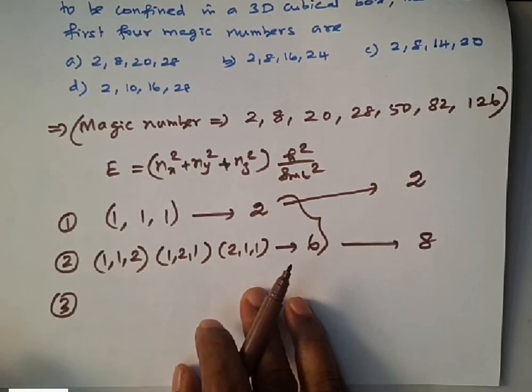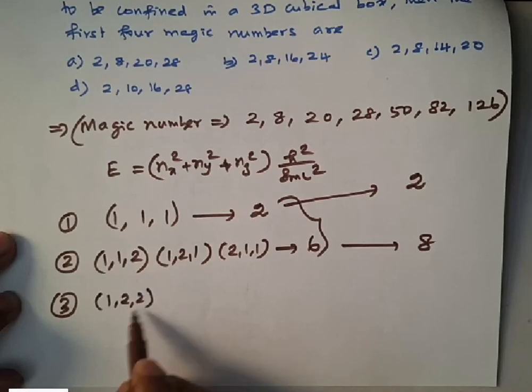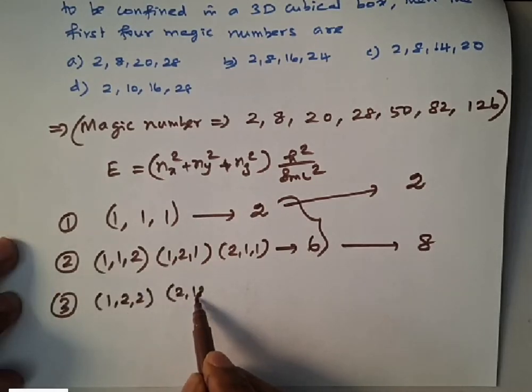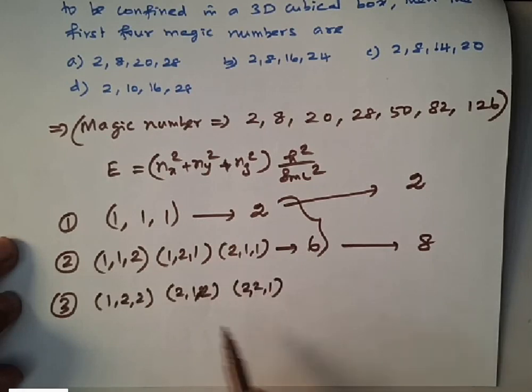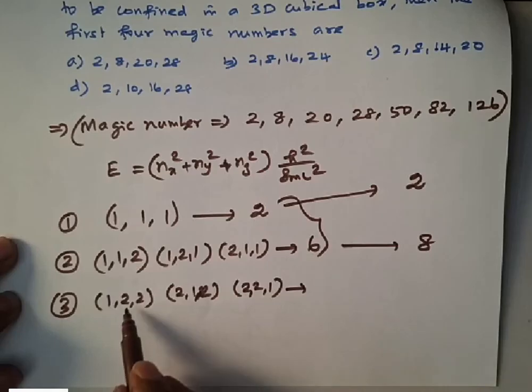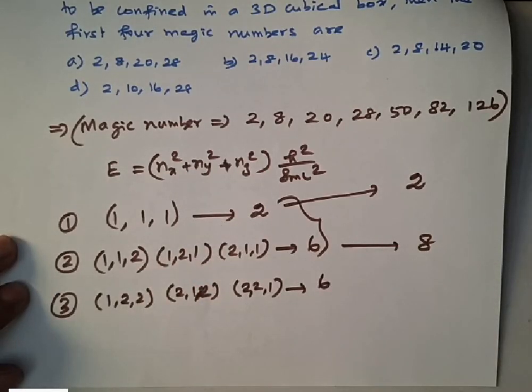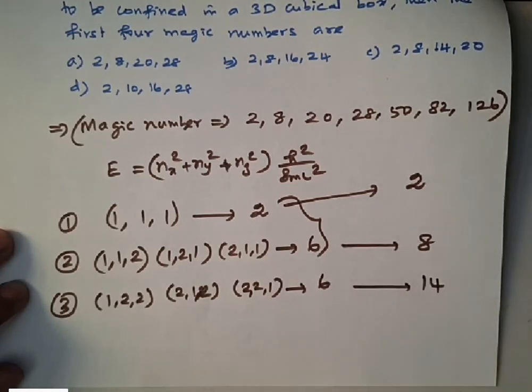So that is supposed to be the answer. So 1, 2, 2, or we can write 2, 1, 2, or we can write 2, 2, 1. So here also we have 3 possibilities. In each state you can place 2 nucleons. Therefore here also we get 6. So 8 plus 6, the next magic number is 14.